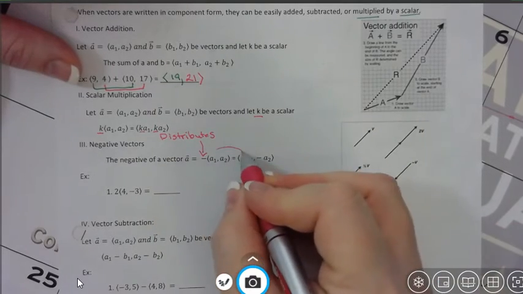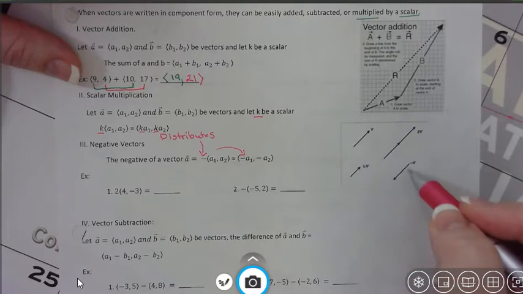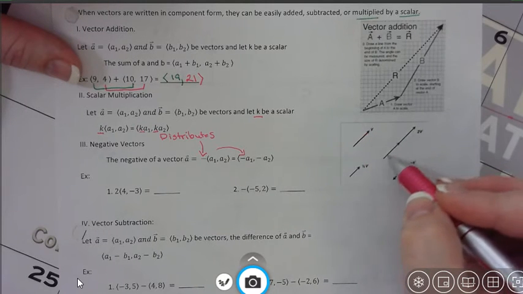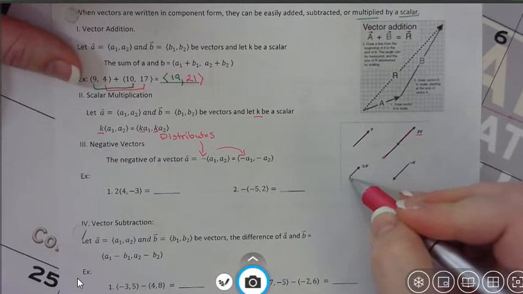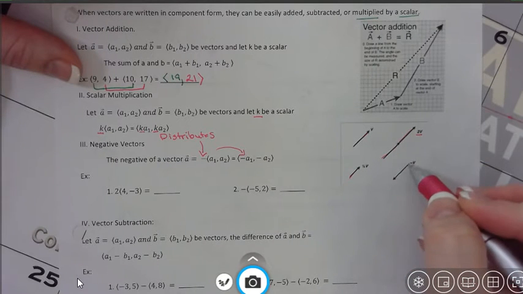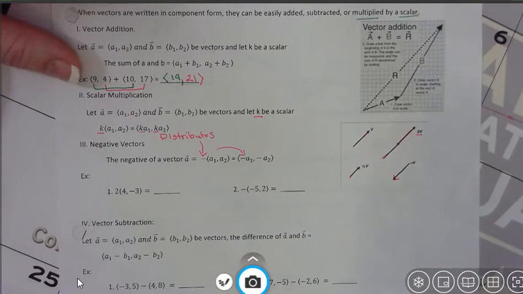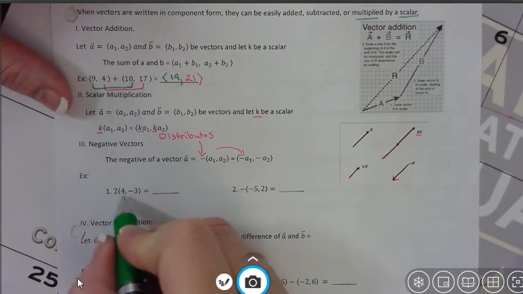This negative distributes over here. These are nice little representations of the length of v: if you double the v, it's here, and half the v is there, negative v is there, and notice the arrow changed and went the other way on that one.